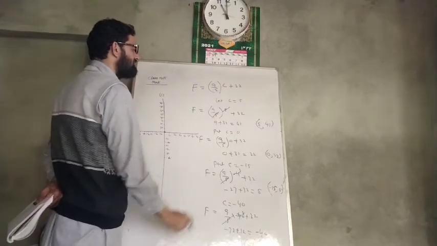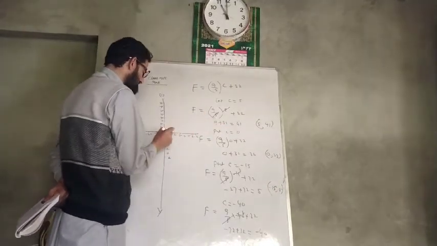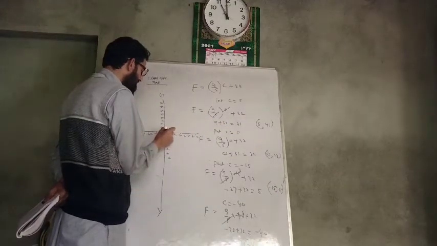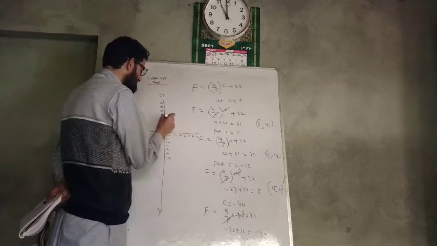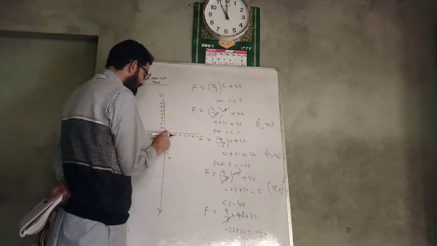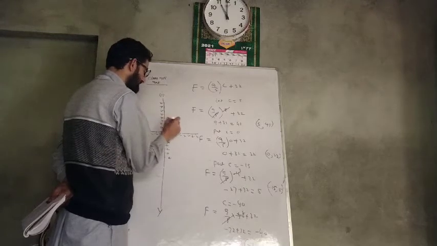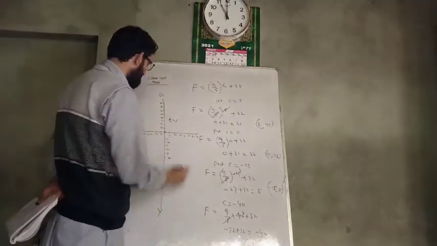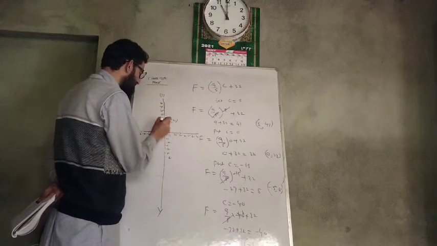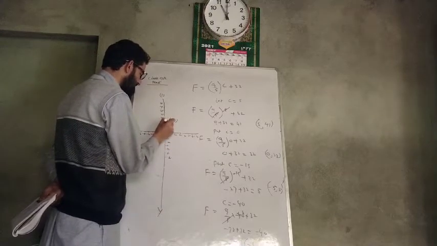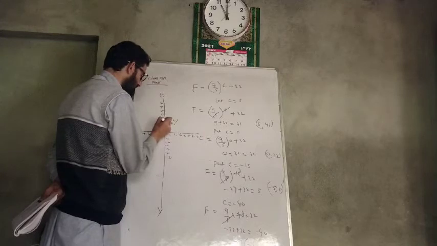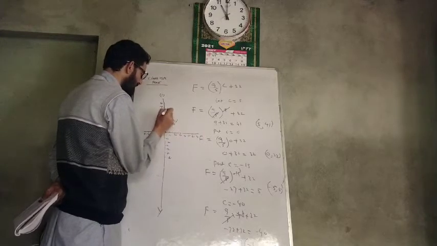Now let us look at these points. This is 5 and 41. 5 is here and 41 is here, this is the point. Then 0, 32. 0 is here and 32 is here, obviously. Let's make them bold.